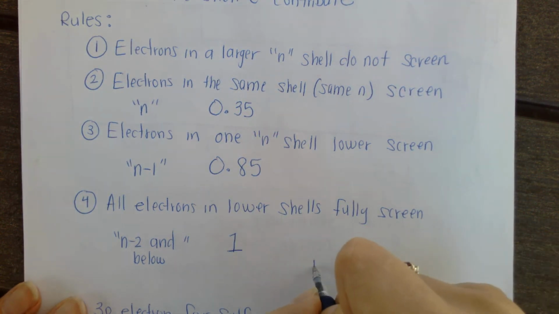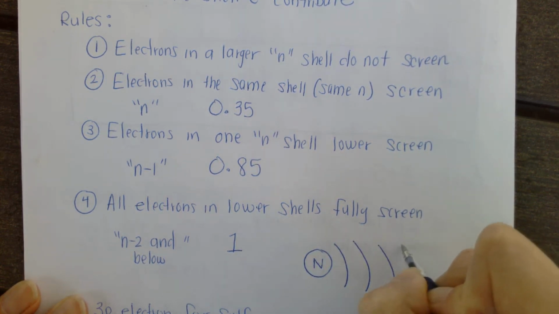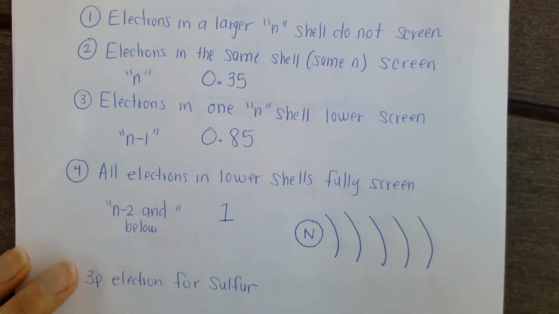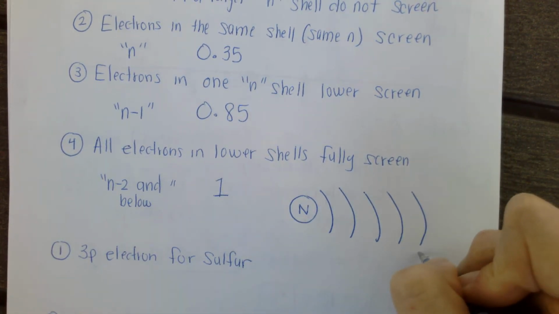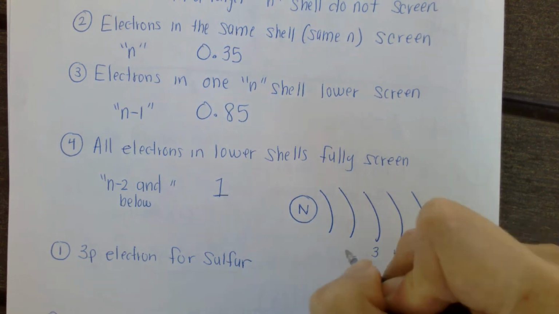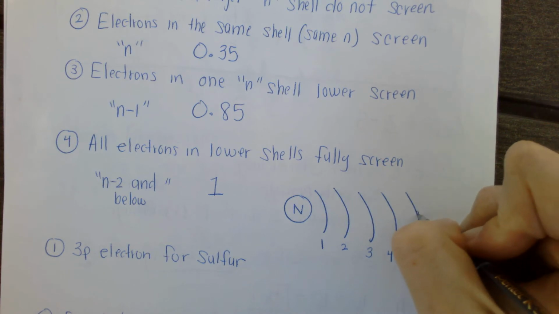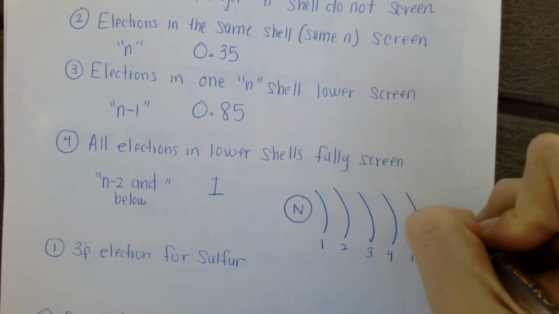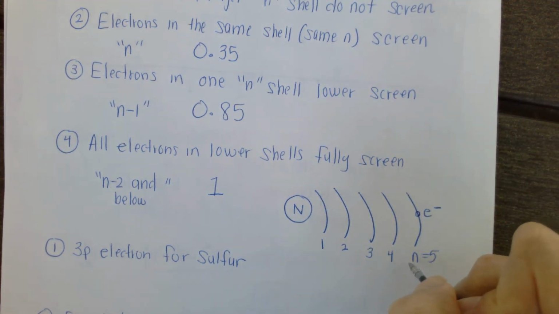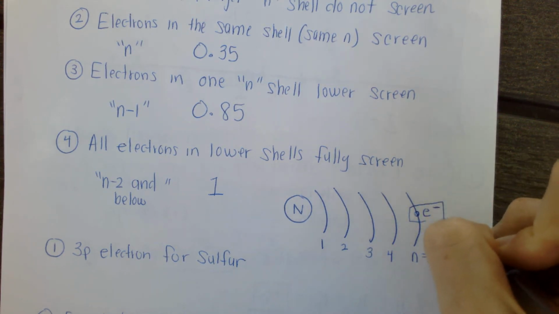So for example, if we have the nucleus, and let's say we were looking at an electron in the n equals 5 shell. This is 4, 3, 2, and 1. Okay, so let's say our electron is right here. This is our electron in reference.